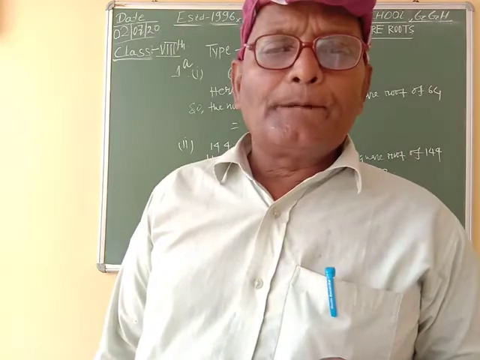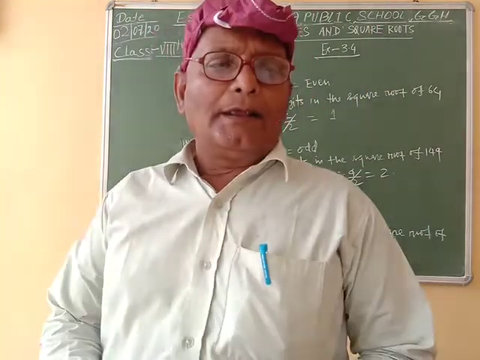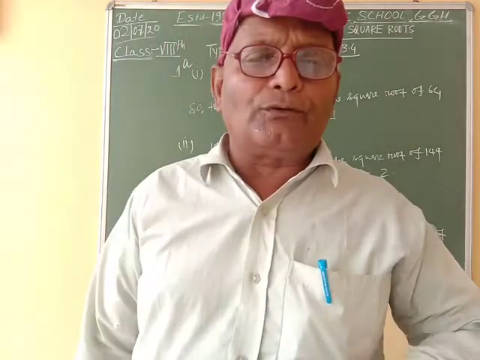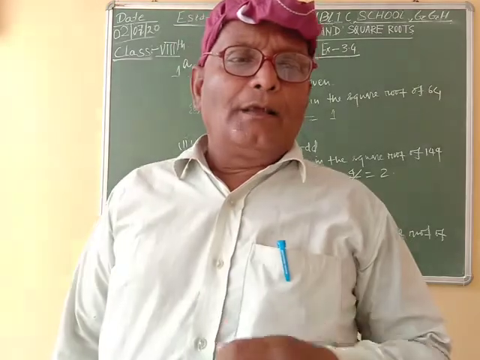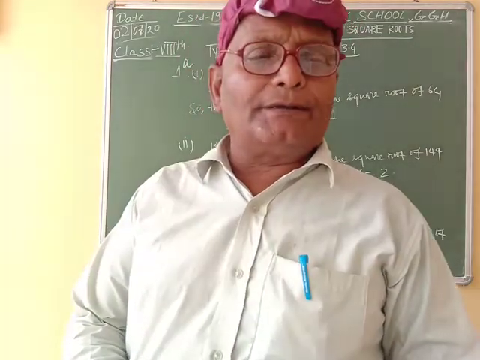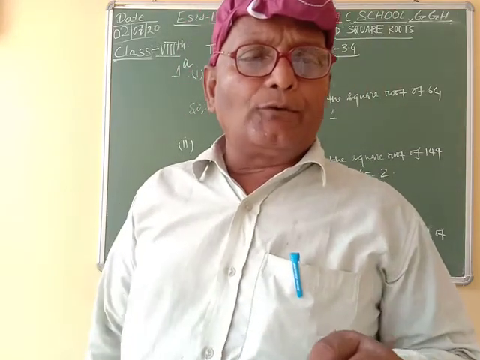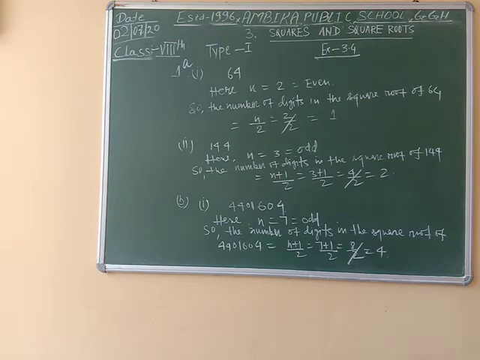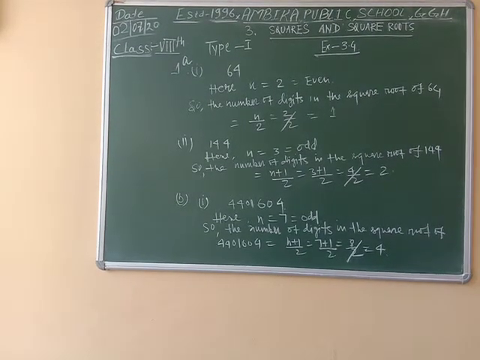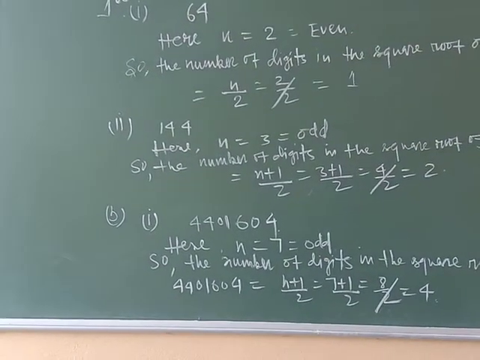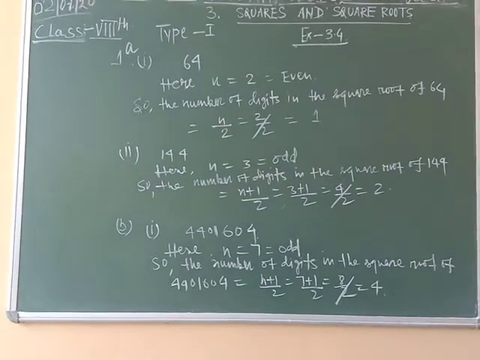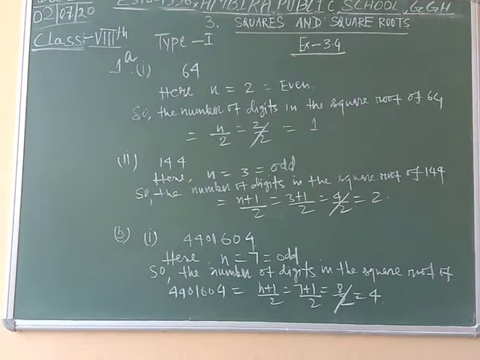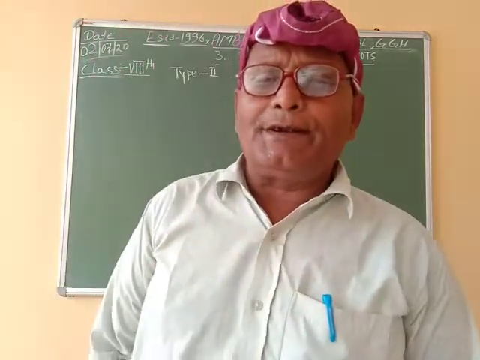In type 2, find the square root of the following numbers by division method.